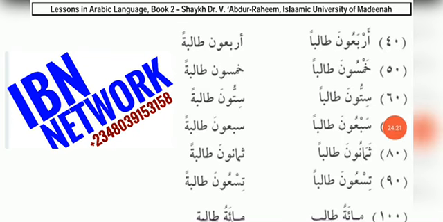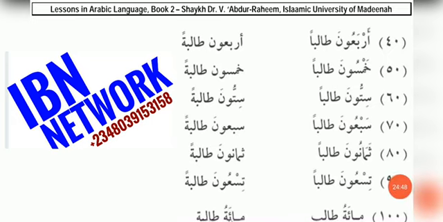And here it is saba'una taliban, that is 70 male students. And it is saba'una talibatan, that is 70 female students. And here it is thamanuna taliban, that is 80 male students. And here it is thamanuna talibatan, that is 80 female students.